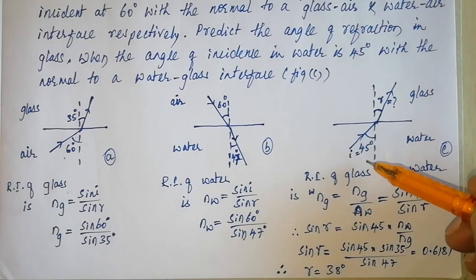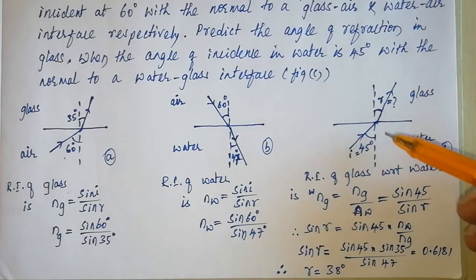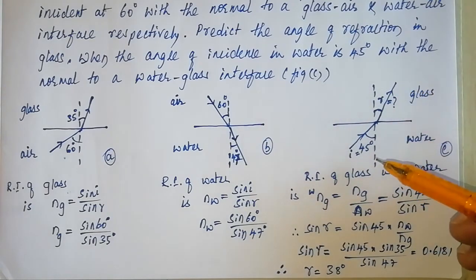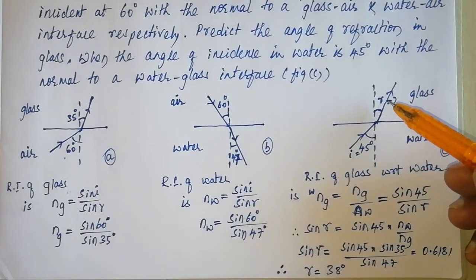Light is advancing from the water medium to the glass medium, that is, from a rarer medium to a denser medium. After refraction, it bends towards the normal. The angle of incidence is given as 45 degree. The angle of refraction is to be determined.